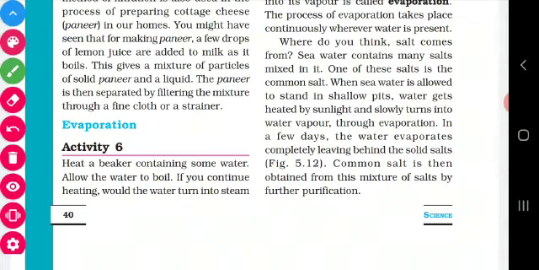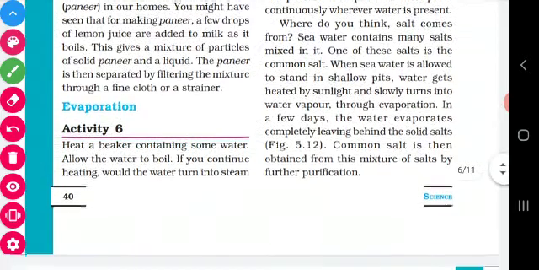In this class, we are going to see evaporation and condensation. We have learned about evaporation and condensation in the 5th standard itself. Now we are going to see how to separate various substances in a mixture by using evaporation and condensation.